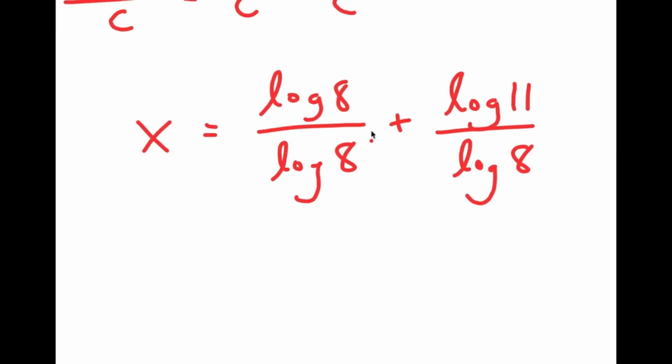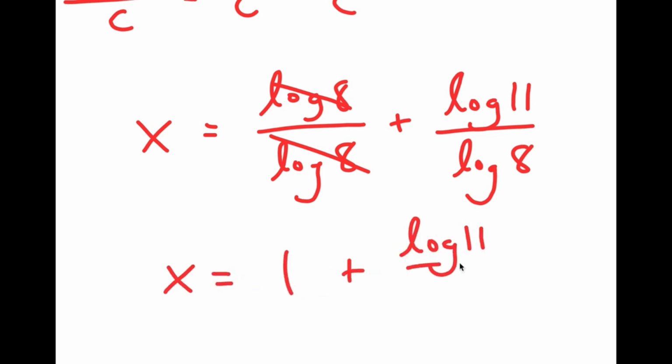Now, log 8 and log 8 cancel out to get 1. So I get 1 plus log 11 over log 8.